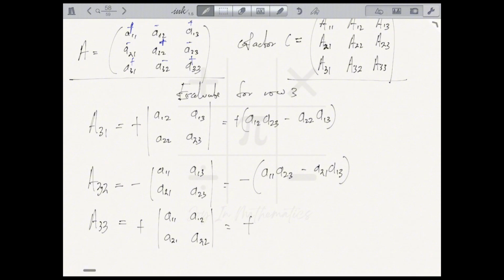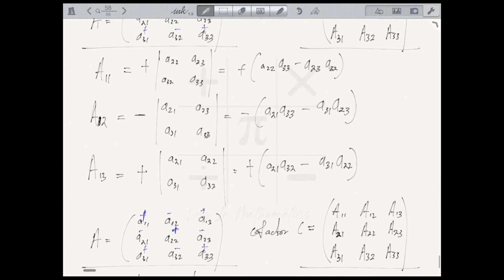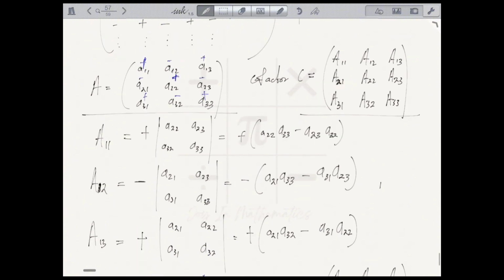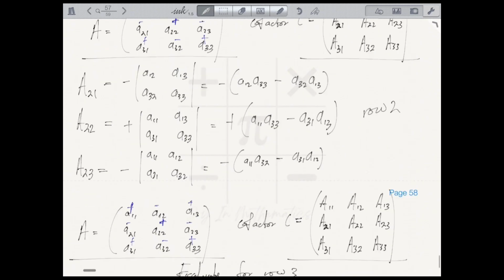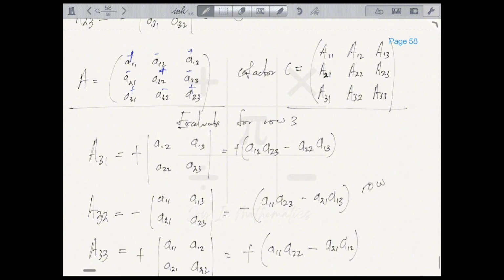Now simplifying it, we have positive of A11 A22 minus A21 A12. Now we have evaluated for row 1. This is for row 2, and this is for row 3.